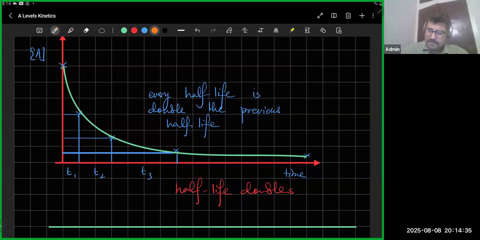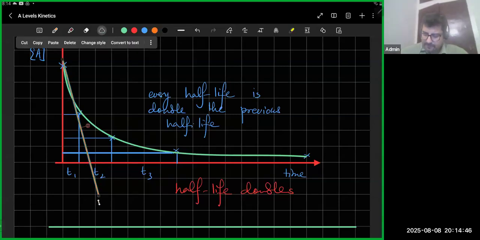ठीक है I'm going to इधर मैं एक line भी draw कर लेता हूँ. It's always the gradient at t equals 0 that is always measured.